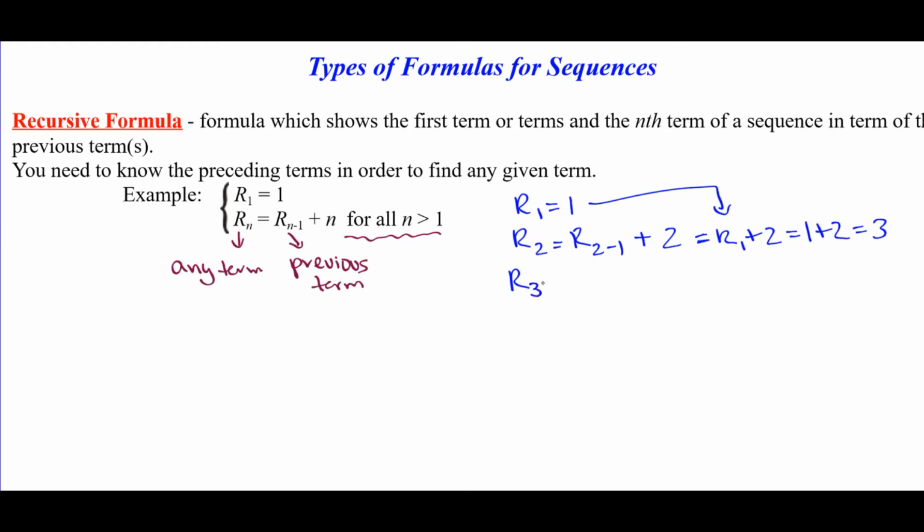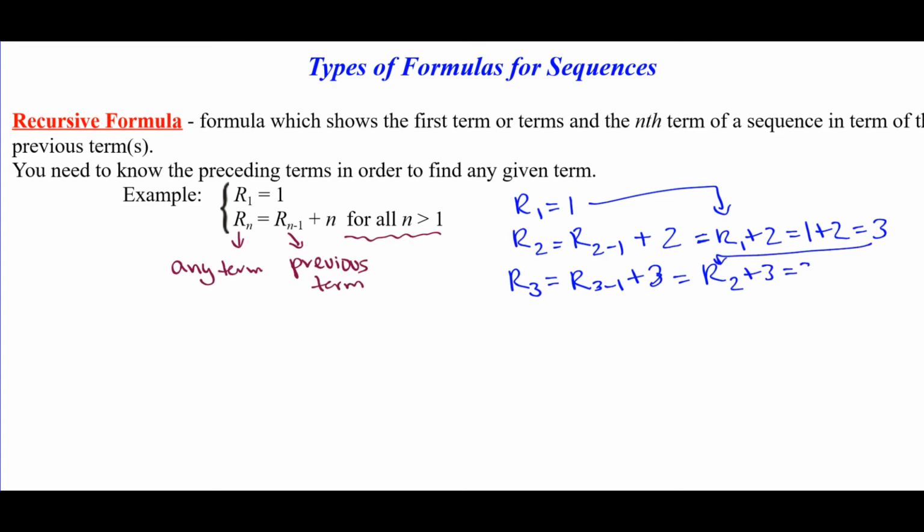I'm going to find my third term. So to find my third term, now n is 3, so now we're going to go r sub 3 minus 1 plus n, which remember in this case is 3 because I'm finding the third term. So this is going to simplify to r sub 2 plus 3, and then again we're going to plug in.